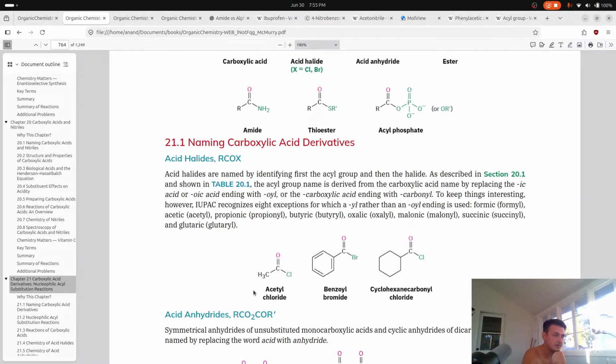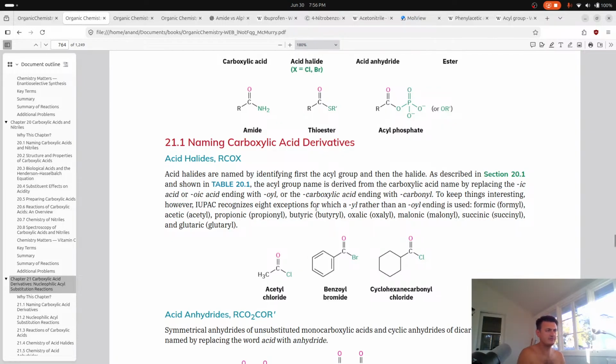Okay, cool. Now here's where it gets a little bit weird. We have a cyclohexane with COCl. So we want to name this, so we find the acyl group. This, I think, is called cyclohexanecarboxylic acid.